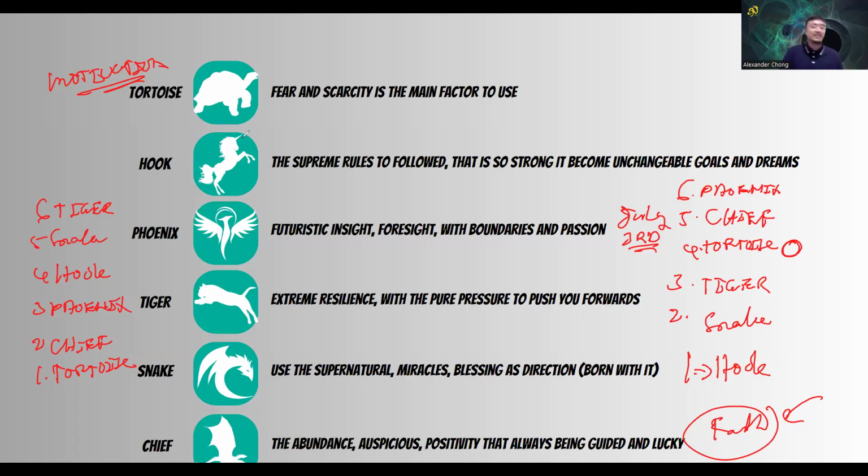Okay. If you get Phoenix, this you actually need to understand. Always look into futures with boundaries and passions. Yeah, if you get Phoenix, because somebody is actually line 3. Yeah. So the future, whatever that you want, is like a 9 heaven. Example: if right now you can see that happen, you know that it's going to happen, good luck. Because most likely if you get a Phoenix, it is already telling you the future is going to happen.